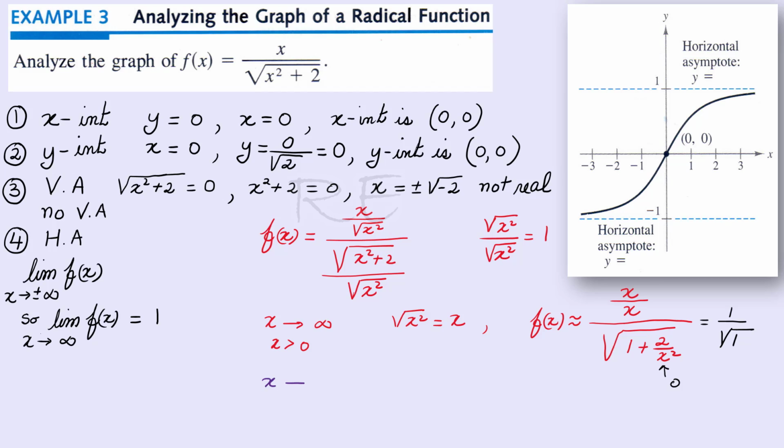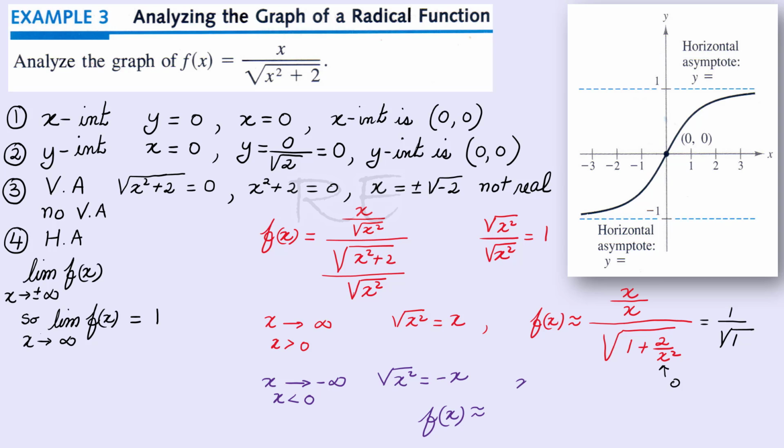As x approaches negative infinity, x is negative, so the square root of x squared will be equal to the opposite of x, so it's going to be negative x.